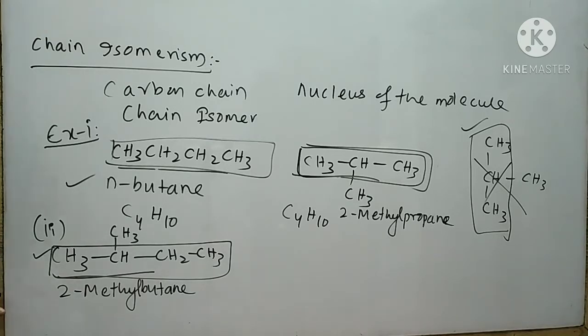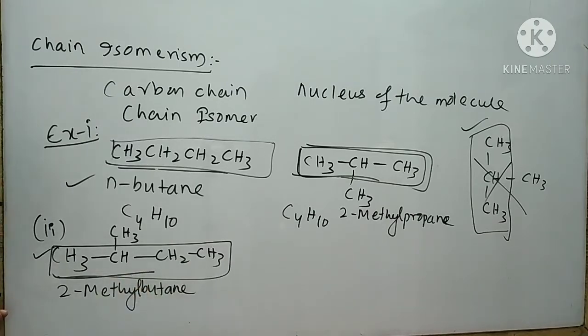The structure of the carbon chain can be changed by changing the number of carbon atoms present in the parent chain. Look at that, totally 5 carbon atoms are present in this organic compound. So I can draw an organic compound which has a maximum of 5 carbon atoms in the parent chain.